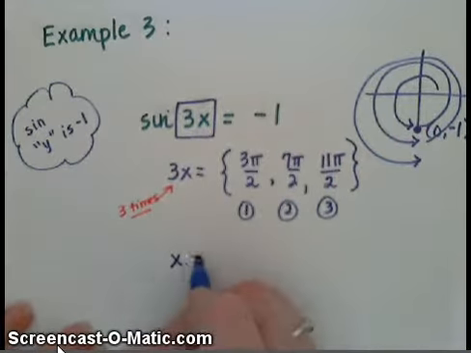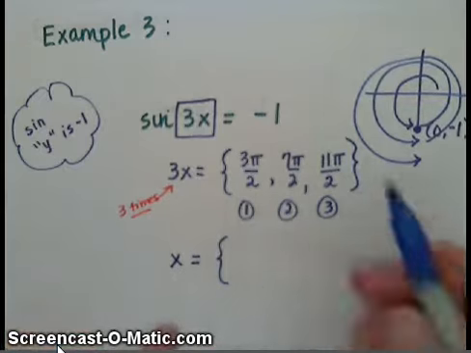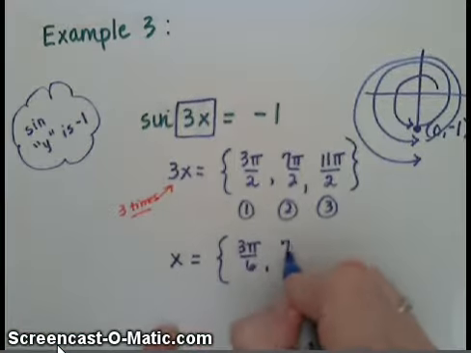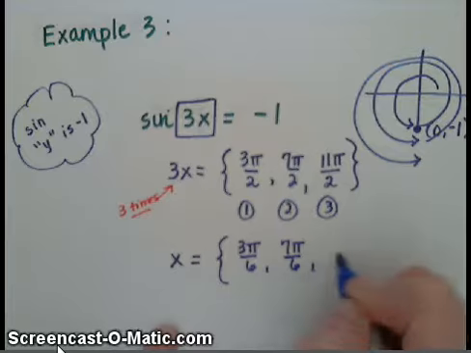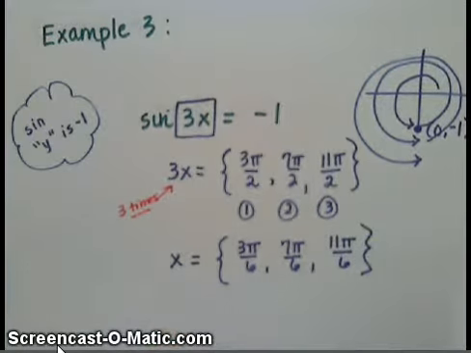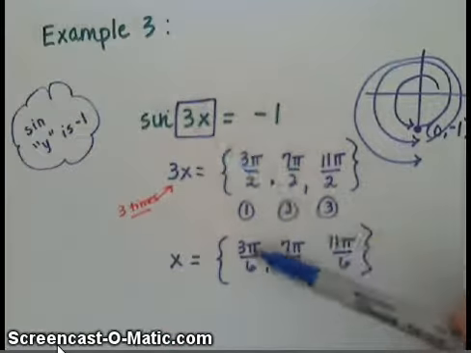Then x is equal to, we want to divide by 3, or multiply by 1/3, or just change the bottoms to 6's. 3 pi over 6, 7 pi over 6, and 11 pi over 6. And this one would reduce to pi over 2, which would be fine, but you don't have to worry about that. Now the way this works, of course, is you multiply this angle times 3.